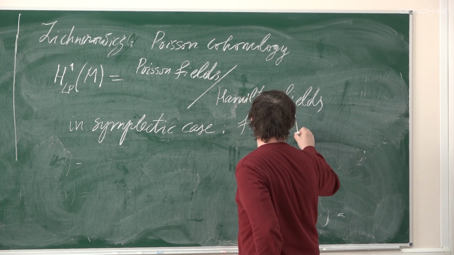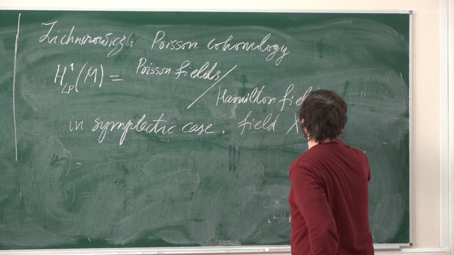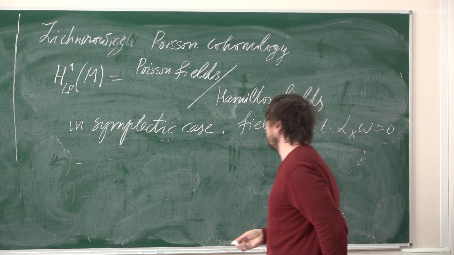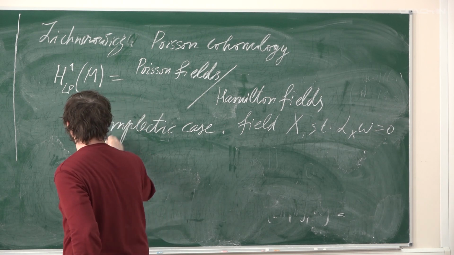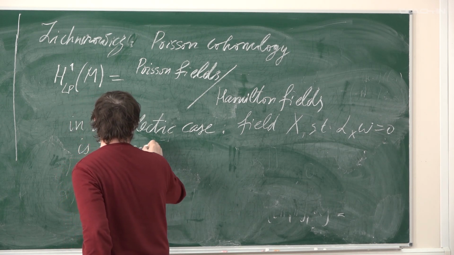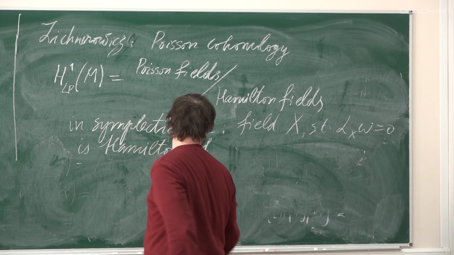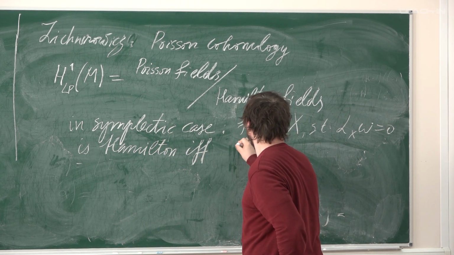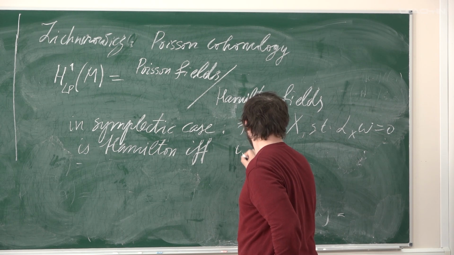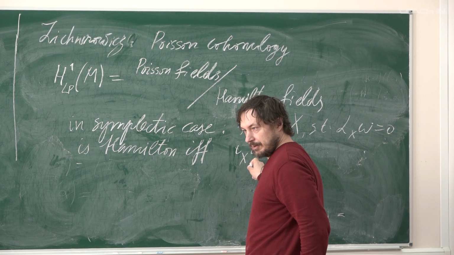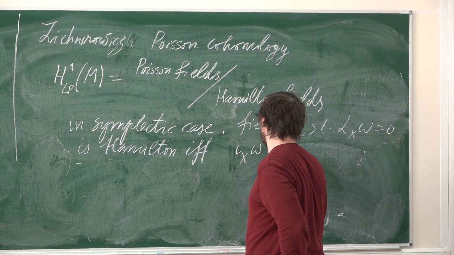A Poisson field X such that L_X of omega is equal to 0 is Hamilton if and only if, you remember, the form i_X omega, which is closed, is exact.